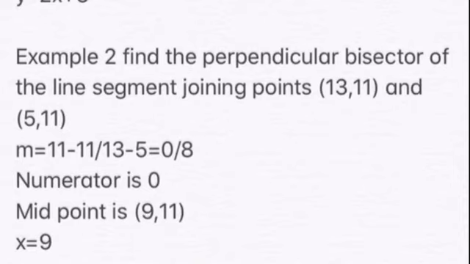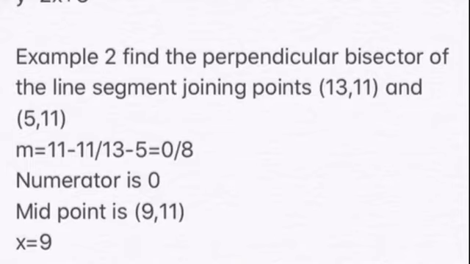Then you will find its midpoint, which is 13 plus 5 equals 18, divided by 2 is 9, and 11 plus 11 divided by 2 is 11. So the midpoint is (9, 11).